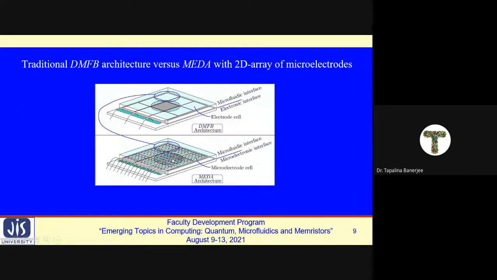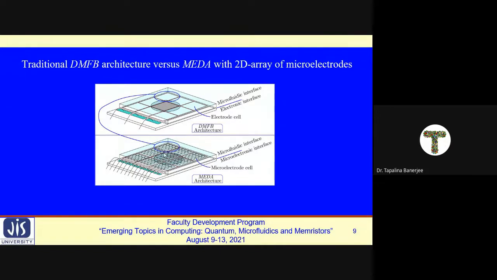Droplets are sandwiched between the top plate and bottom plate and transported by applying what? By applying appropriate voltage. You can see voltage application is possible in this way, applying the appropriate voltage to the neighboring electrodes.